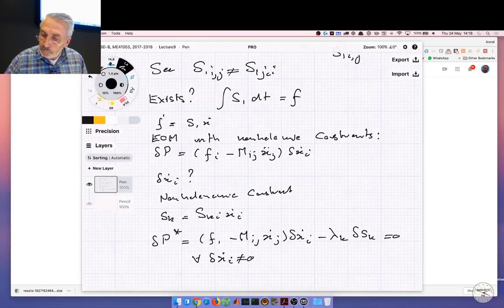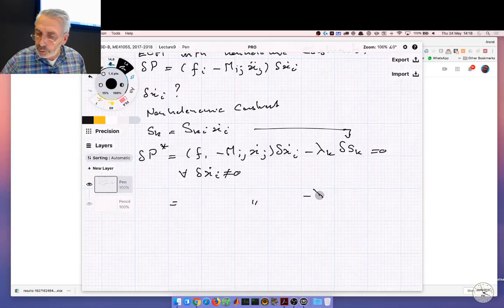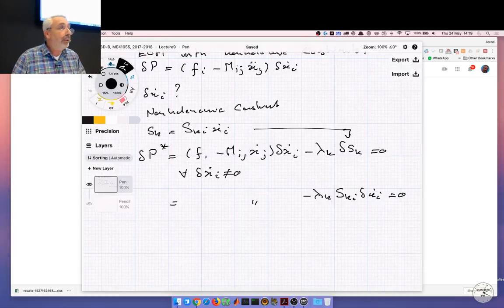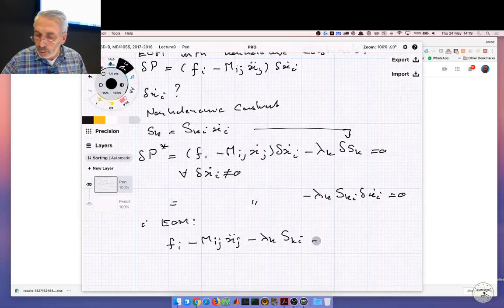And of course, then we have to put in this equation in a virtual form. So copy this one, minus lambda k, and we get Ski times the virtual velocities, which should be 0. Now everything is with this virtual velocity i, so we end up with i equations of motion: Fi minus Mij x double dot j minus lambda k Ski is 0.